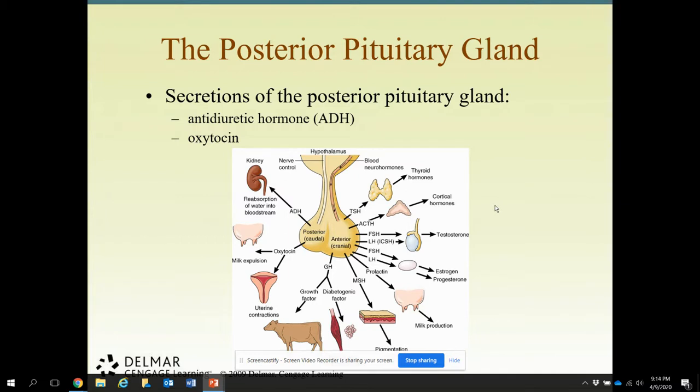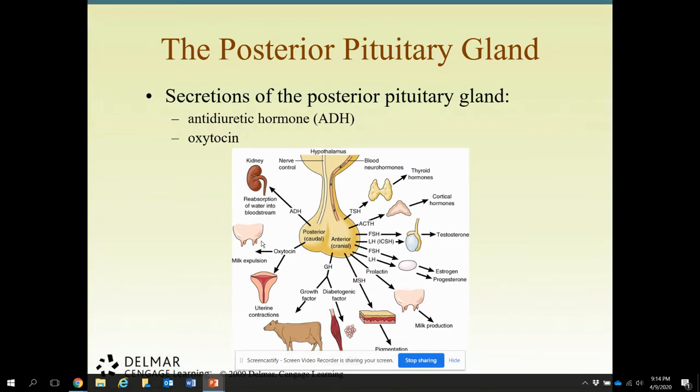Antidiuretic hormones, or ADH, work with the kidney. So that's over here on this side, works with the kidney and reabsorption of water into the bloodstream. So you can take what you learned in the urinary system now and apply it to the reproductive system with ADH, the antidiuretic hormone.